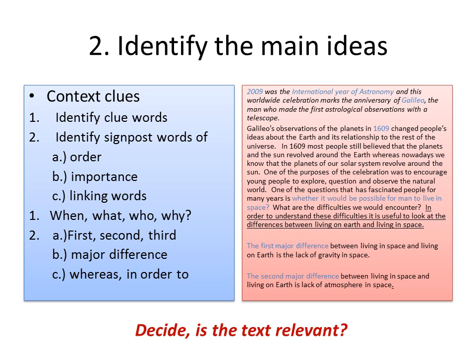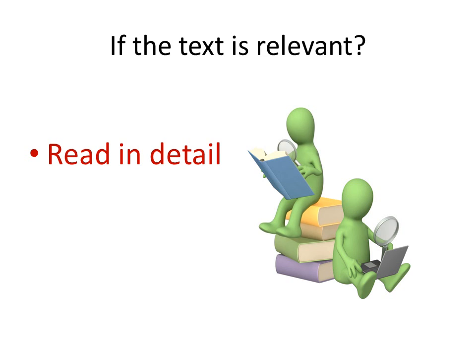There are many other linking words that signal order, importance, and connections. And the student needs to learn these words to better make connections between ideas. So finally, use the information you have found in the thesis statement, the topic sentences and context clues to guide your reading in more detail.